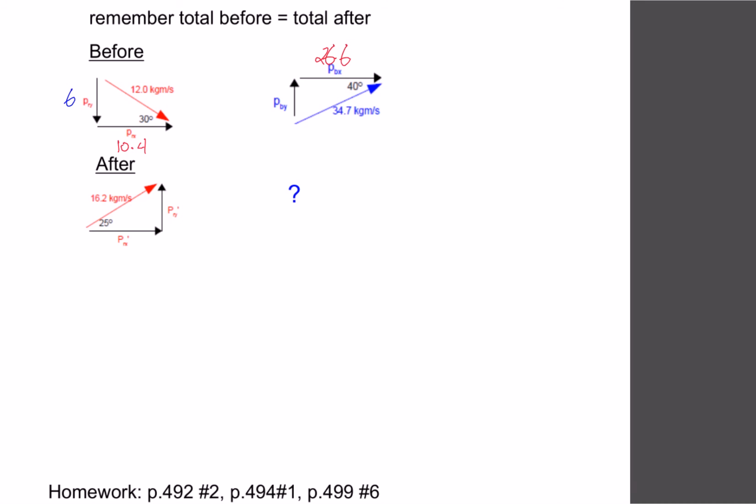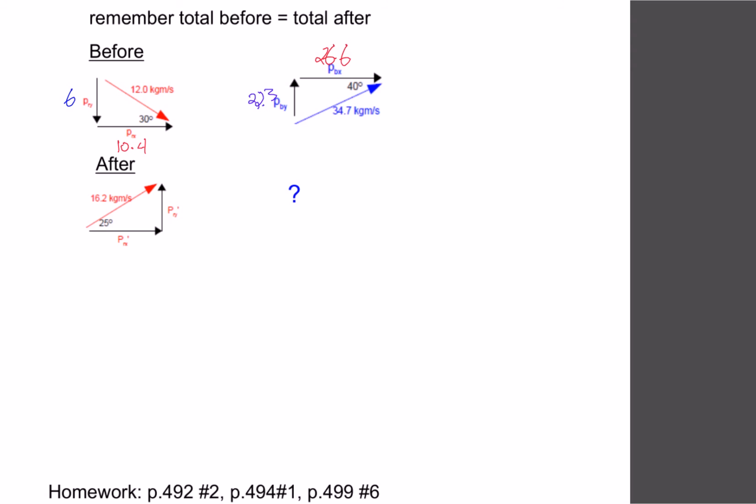And let's do our y direction, the same thing, so it'll be sine 40 times 34.7. And that gives us 22.3. Okay, so that's our initial before vector. So we got 6 down and 10.4 to the right. And then for our second ball, the blue ball, is 22.3 up and 26.6 to the right.